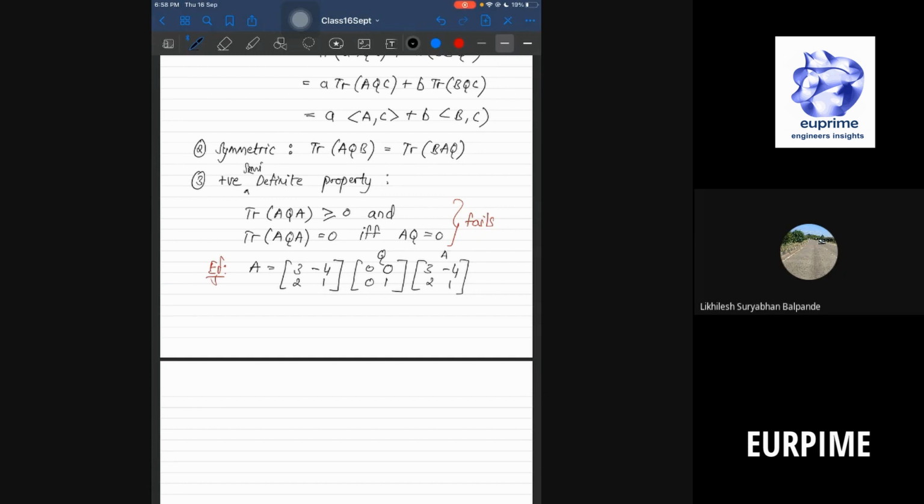So if we multiply these three matrices, we'll get our final answer as minus 8, minus 4, 2, 1. Here trace of AQA is equal to minus 1, which is less than 0. So hence this property fails, and thus trace of AQB doesn't form an inner product.